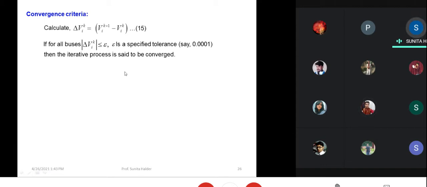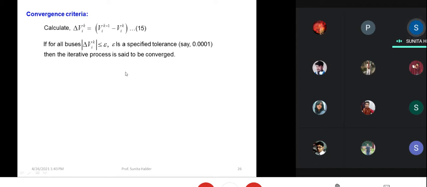But for Gauss-Seidel load flow solution, the convergence rate is very slow. It may take 10 to 14 iterations for a 5 or 6 bus system. For larger systems, say 30 or 40 buses, it takes 30 to 50 iterations, and sometimes it does not converge also.